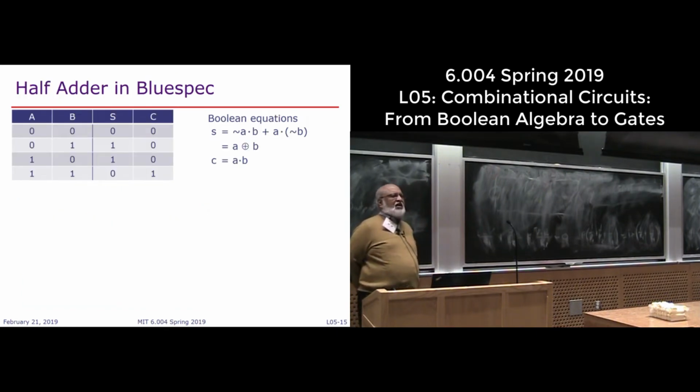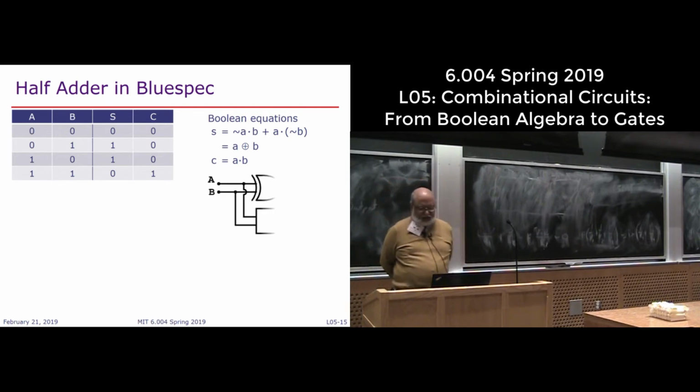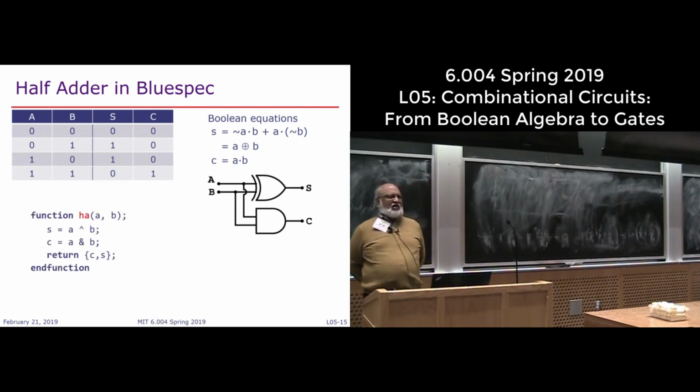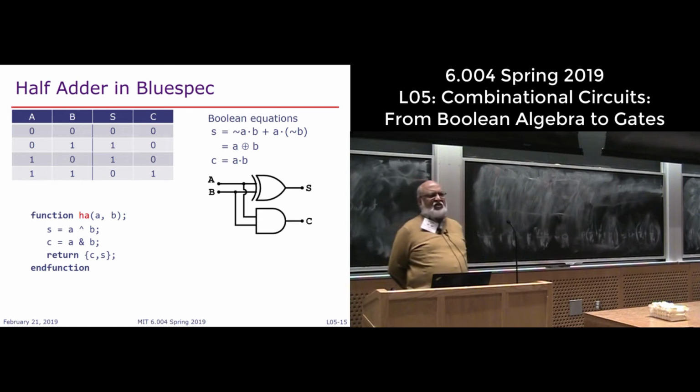Okay, so now let me write this half adder in BlueSpec. And we want to generate this circuit from it ultimately. By now you all know functions. So I write a function named half adder. It has two formal parameters, A and B, and the definition of S is, what is this funny sign, right? This is the BlueSpec notation for exclusive OR.